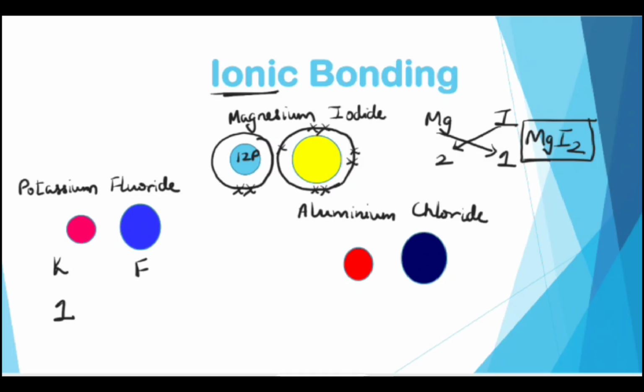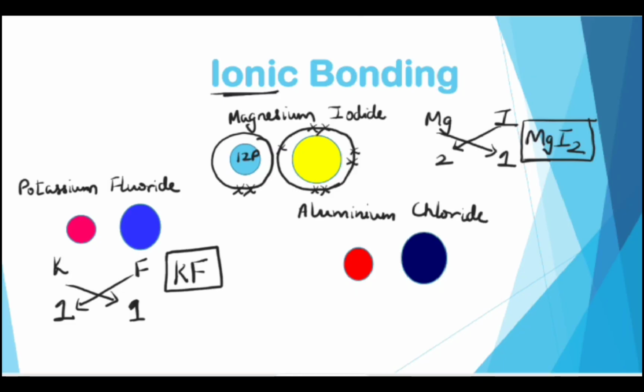Fluorine belongs to group 7. So to attain stability, it needs 1 more electron. So it has a valency of 1. Going by the crisscross method, both have 1 and 1. So the chemical formula of potassium fluoride is KF.